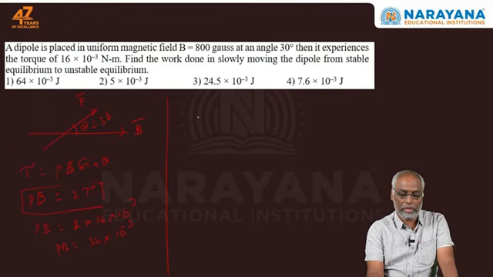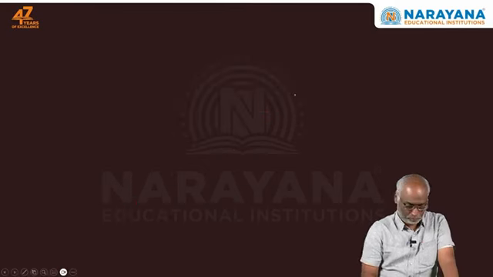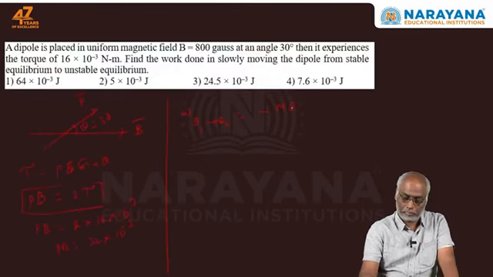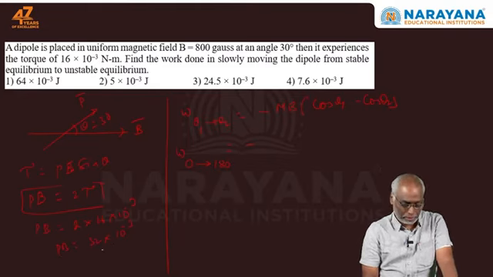Now they are asking what is the amount of work done in rotating it from stable equilibrium to unstable equilibrium. The amount of work done in rotating a dipole from an angle theta 1 to theta 2 will become equal to minus mB into cos theta 1 minus cos theta 2. So the amount of work done: the initial equilibrium is stable equilibrium at an angle of 0 degrees, and unstable equilibrium is at 180 degrees, equal to minus mB, the product of the dipole moment into magnetic field induction, which is given.